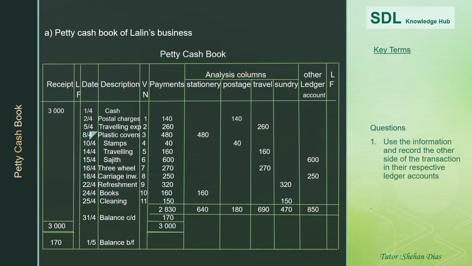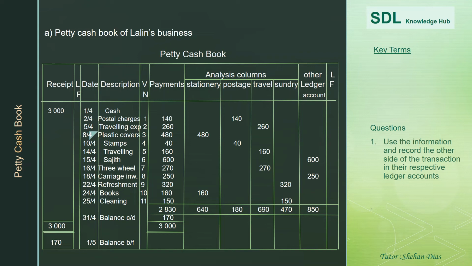So record all the transactions in the petty cash book and get the totals for each of the analysis columns and the other ledger account. And finally, by adding all these totals, we will get in the payments column the total of all the expenses made, which is 2,830.